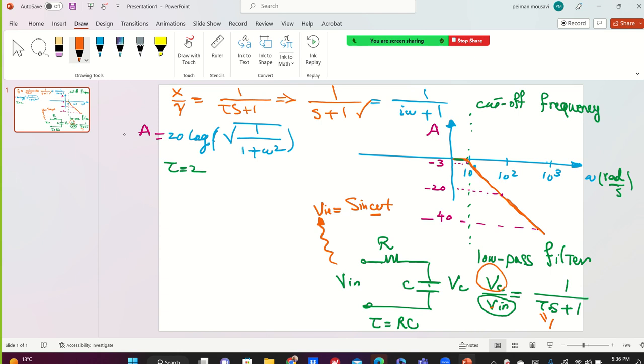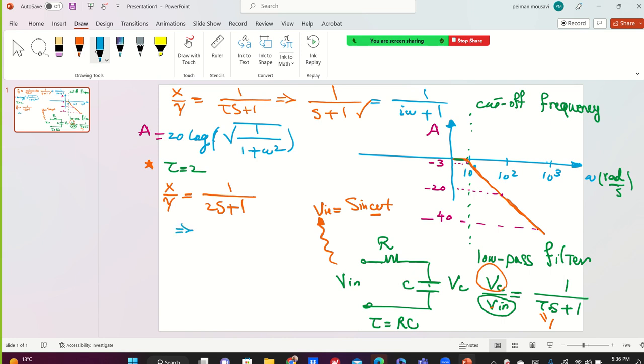So now let us stick to, for example, tau equal to 2, not 1. So x over y becomes 1 over 2s plus 1, right? So it's better that we write it like this.